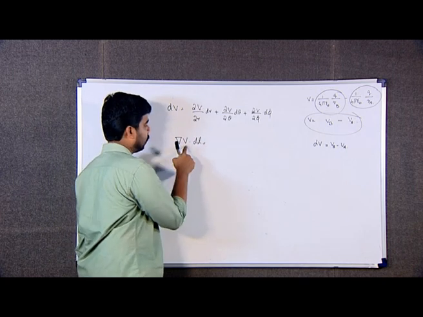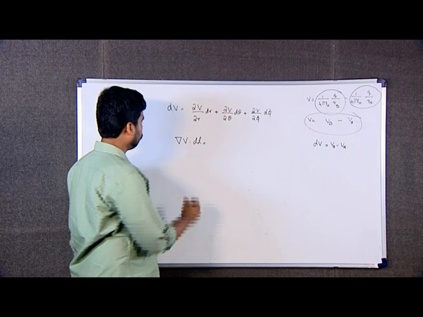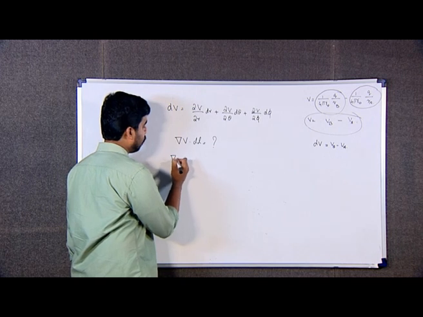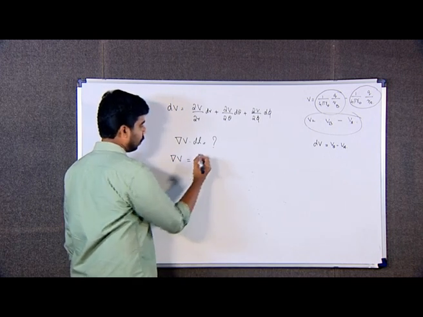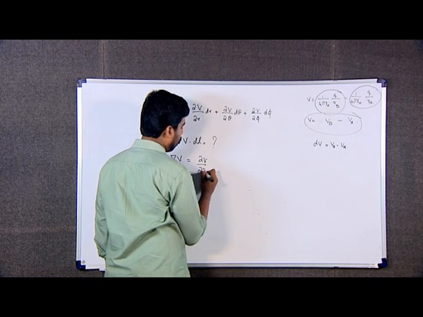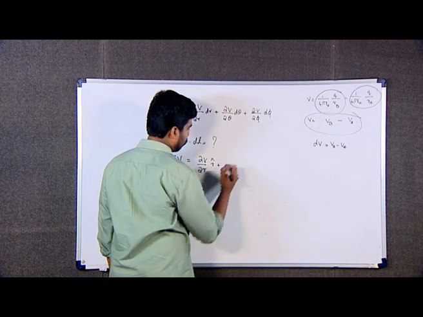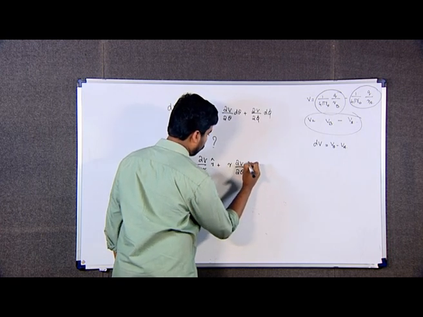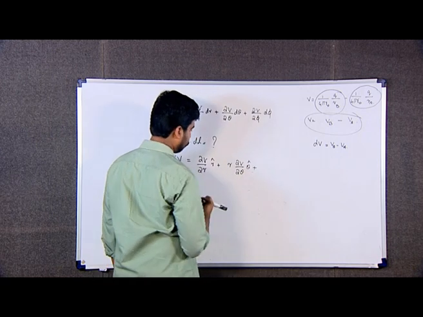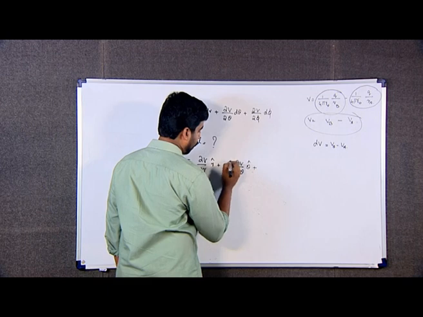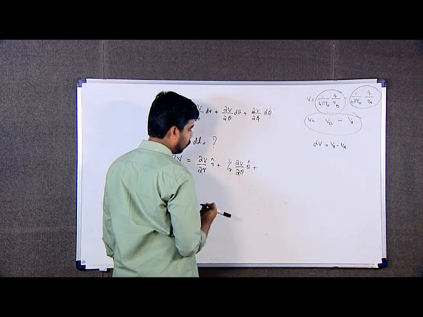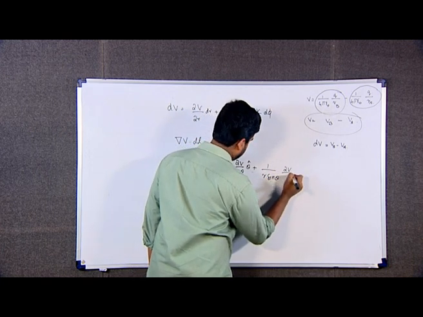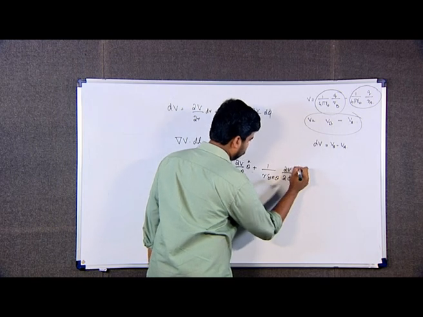You know that this del can be represented in the spherical polar coordinate system, that is del V is equal to dou V by dou R into R cap plus 1 by R into dou V by dou theta into theta cap plus 1 by R sin theta into dou V by dou phi into phi cap.